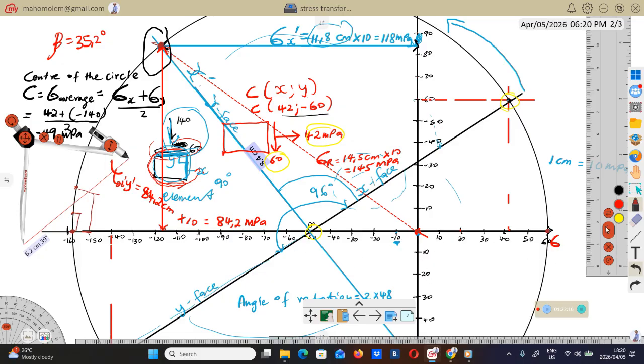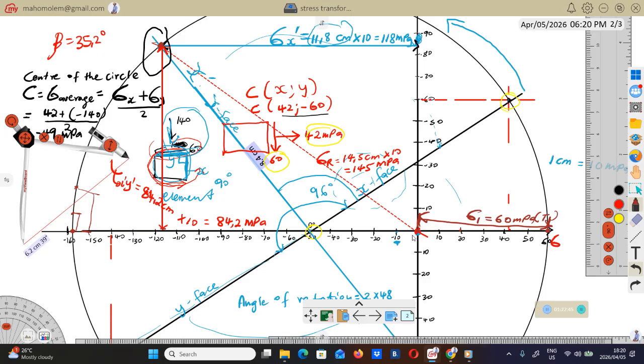So principal stress 1, always measure from this origin point, from here to there. As you can see, from here to there is going to be 60. It's positive, so we know this side is tension.